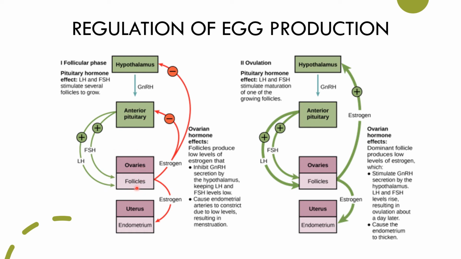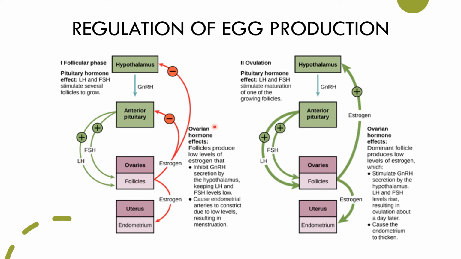For the reaction of the follicles, it will then release estrogen to affect the uterus endometrium, or it can also affect the anterior pituitary and then the hypothalamus to stop the generation of the GnRH and FSH and LH. So again, the pituitary hormone effect is that LH and FSH stimulate several follicles to grow. As long as the anterior pituitary releases FSH and LH, of course, it will definitely push on the growth of the follicles.